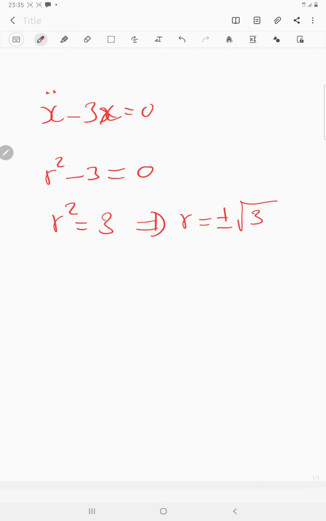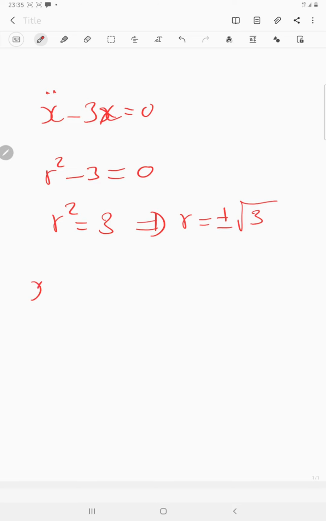So it can be the same as r squared minus 3 is equal to 0. This equation has two roots, because r squared is equal to 3. So it implies that r is equal to positive or negative square root of 3. So we have two solutions.